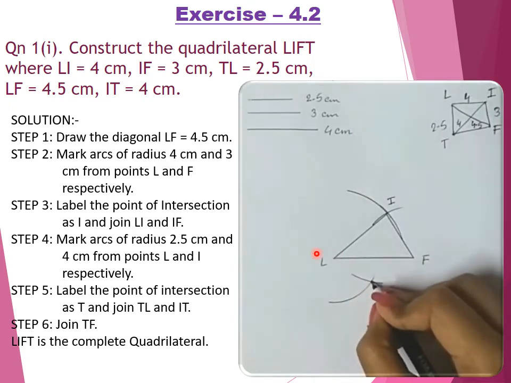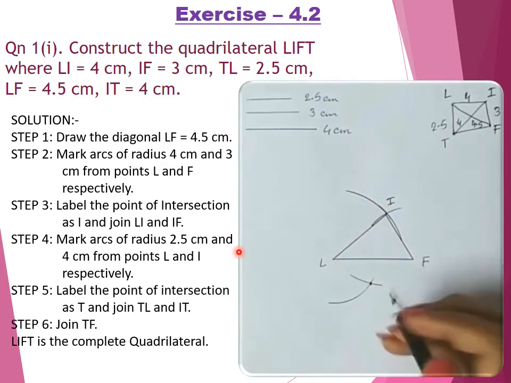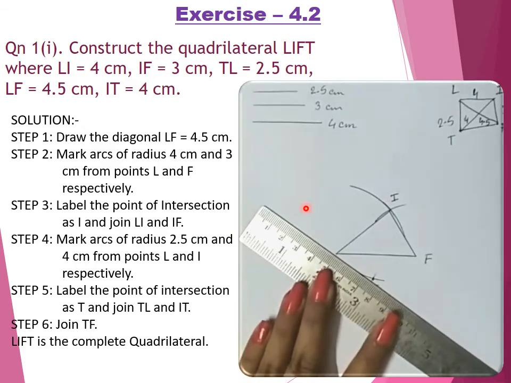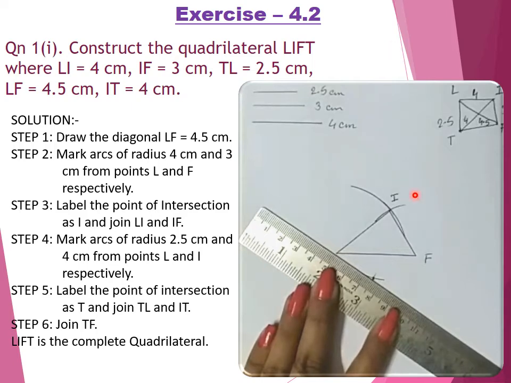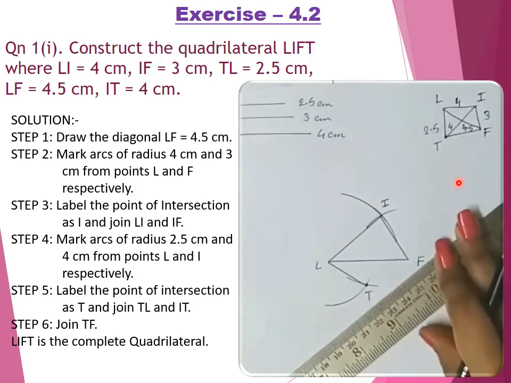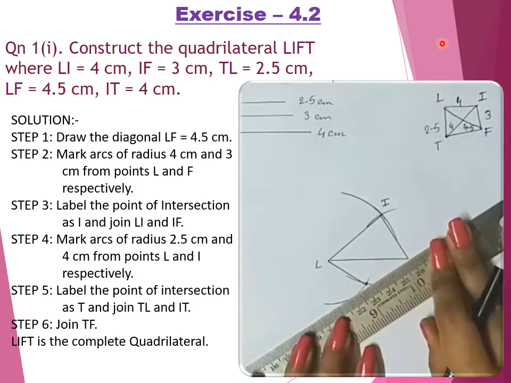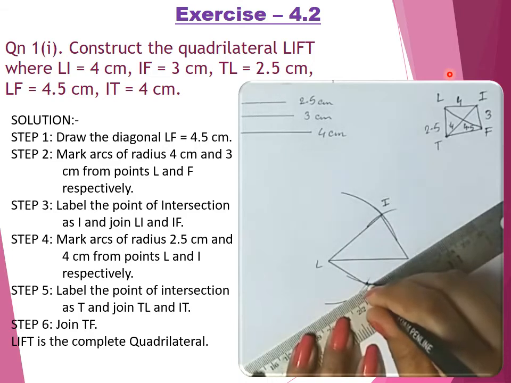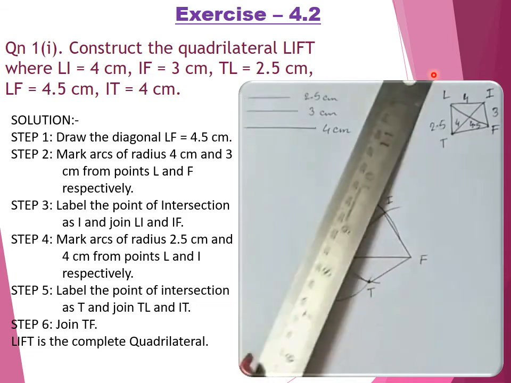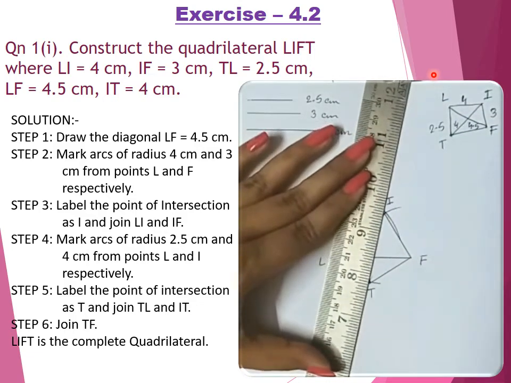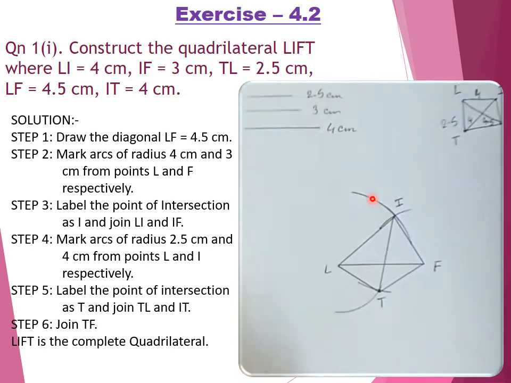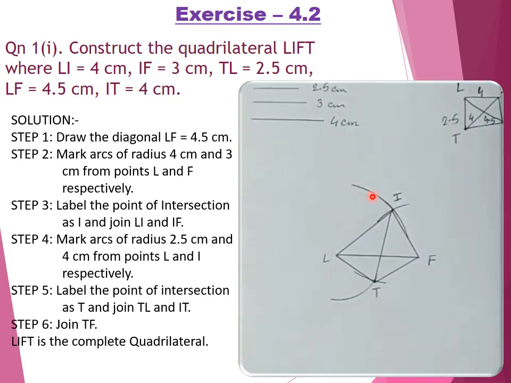Mark this as point T. So we'll mark it as point T, and now join LT and FT. We can also join the diagonals as they are given, so we can join IT as well. So here is the quadrilateral LIFT.